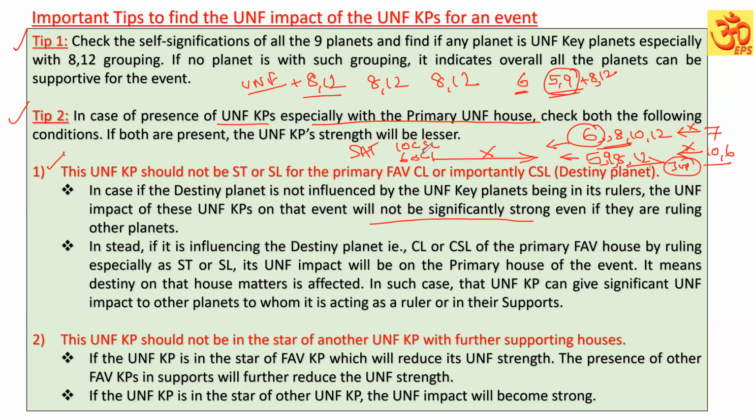Other than the ruler of the 10th house or 6th house, if any other planet is having the 5, 9, 8, and 12 with Jupiter in star level or sub level, those planets will not be strongly unfavorable for the professional prospects. Definitely, they will give obstacles, struggles, but not detrimental.